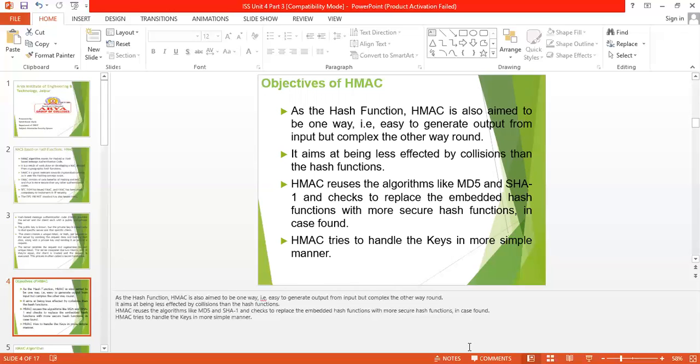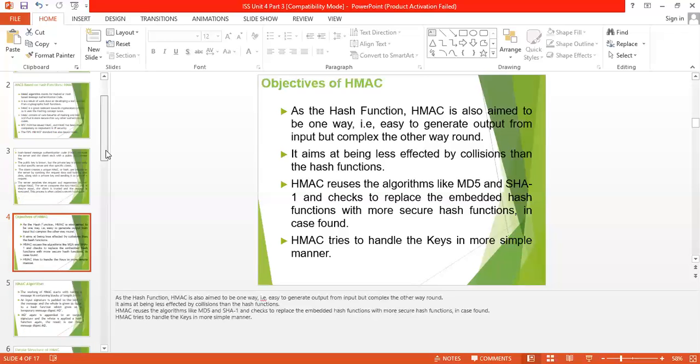Number two, it aims at being less affected by collision than the hash function. HMAC reuses algorithms such as MD5 and the secure hash algorithm, and can replace the embedded hash function with a more secure hash function. And HMAC tries to handle the key in a simpler manner. So these are the basic HMAC objectives.